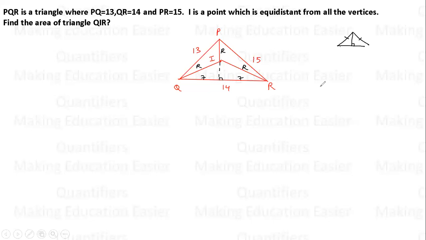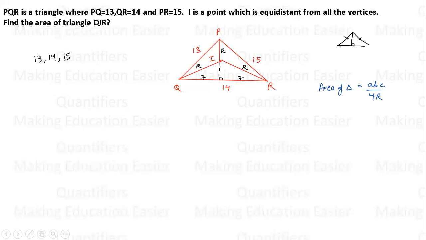All of us know this formula that the area of a triangle is equal to the product of sides a, b, c divided by 4 times capital R. And one more thing I told you, students, the only scalene triangle whose area you need to remember is the triangle having sides 13, 14 and 15.